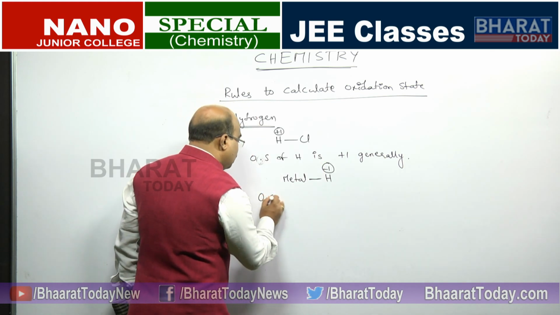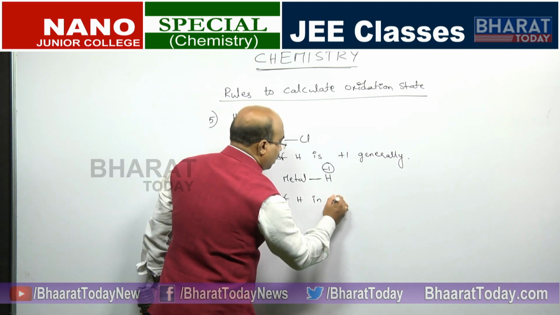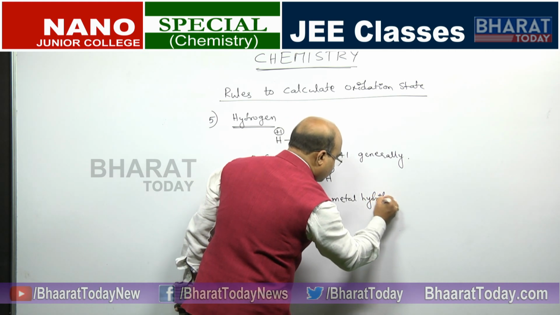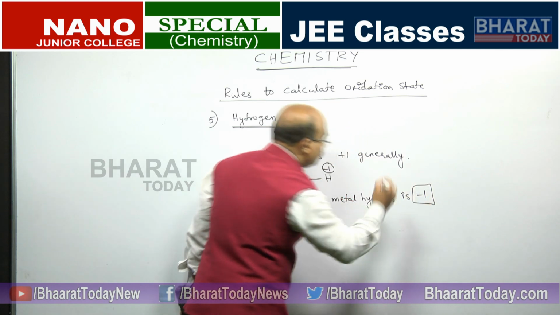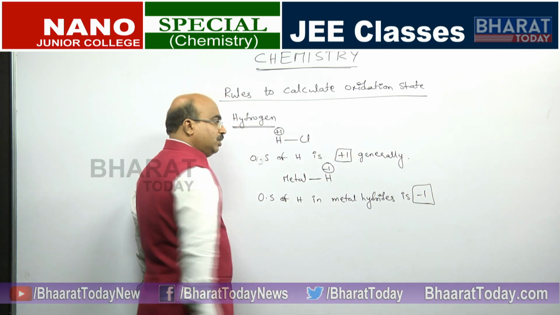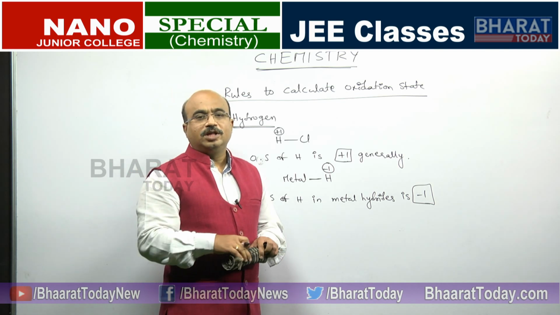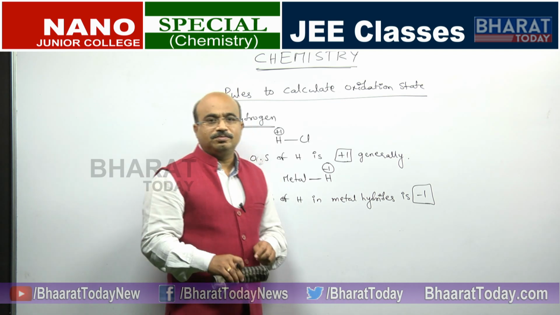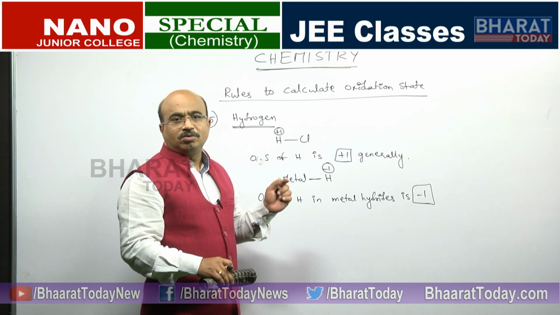So, the oxidation state of hydrogen in metal hydrides is -1. In general we take +1, but when metal and hydrogen exist together, we take the hydrogen oxidation state as -1. So, this is with respect to hydrogen.